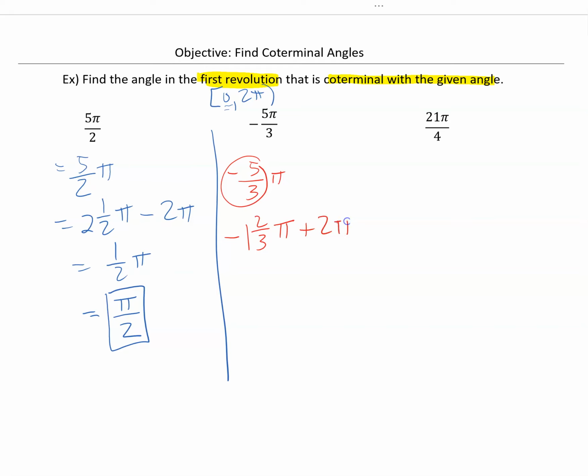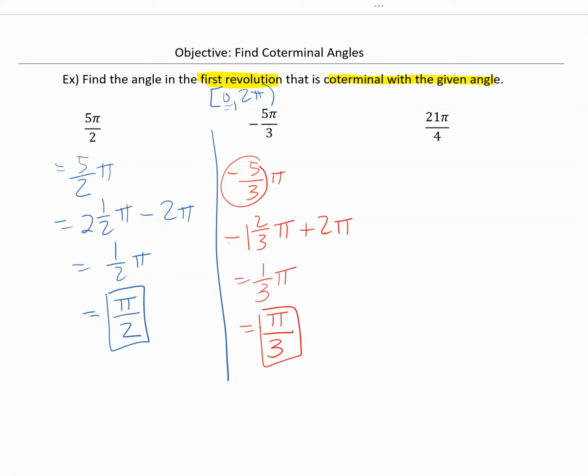So if we add our 2 pi radians to this, now I have 2 minus 1, which would be 1, and then from that 1 I subtract 2 thirds, and that 1 minus 2 thirds would leave me with 1 third, and so that's 1/3 pi, which is between 0 and 2.